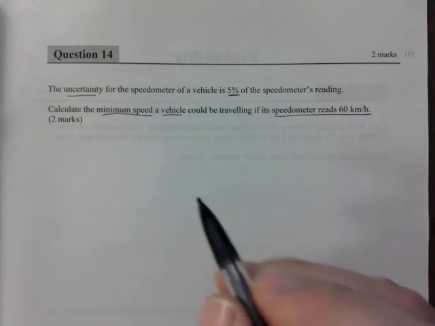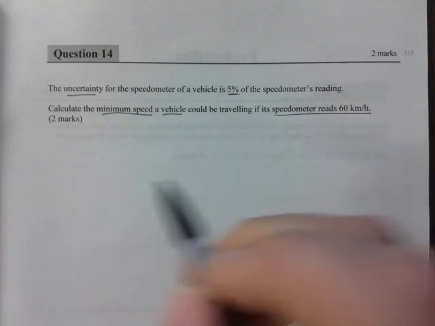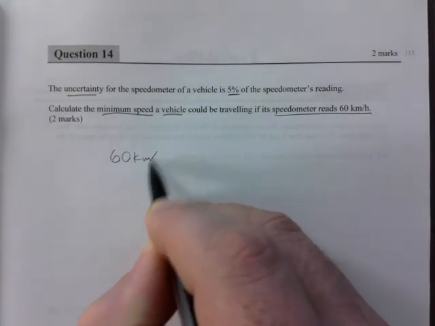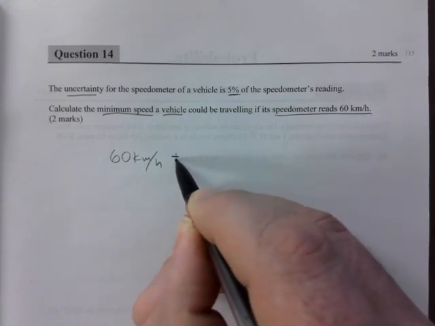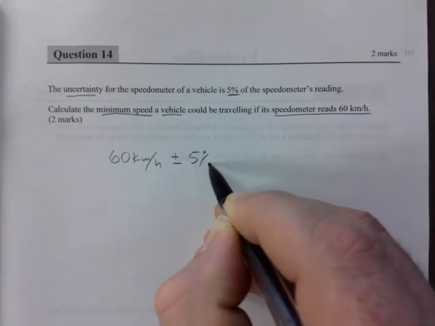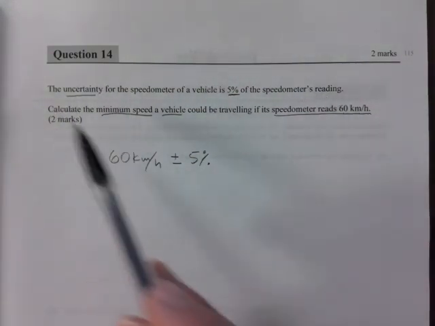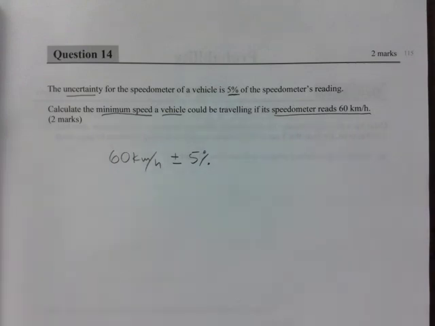So remember, what this question is saying is that if the speedometer reads 60 kilometers per hour, it could be off by plus or minus 5%. That's what your setup is.